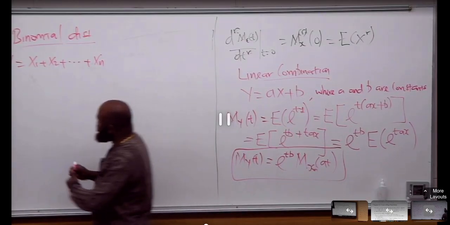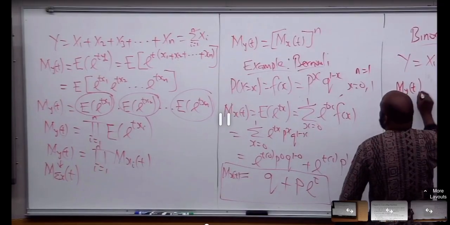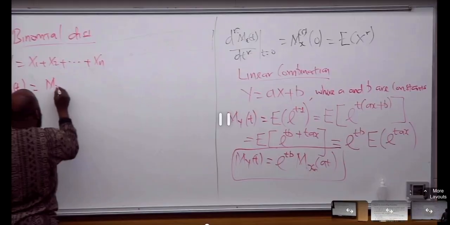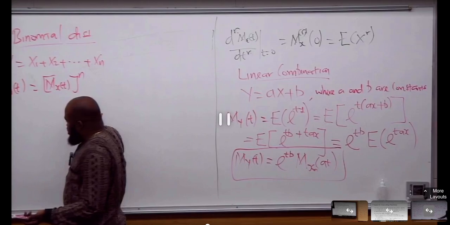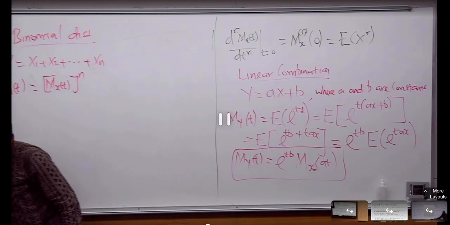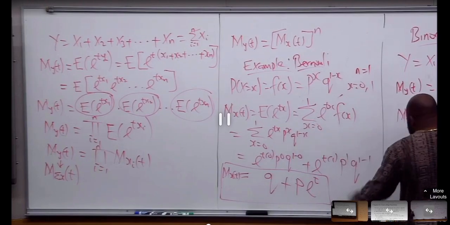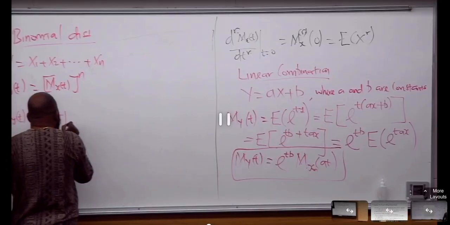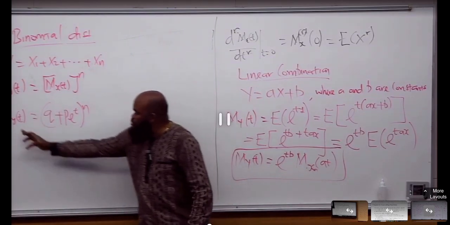So all I'm going to do is apply this: M_X(t) raised to power n. Therefore, that's going to be (q plus p e raised to power t) raised to power n. I'm done. This is the moment generating function for binomial.